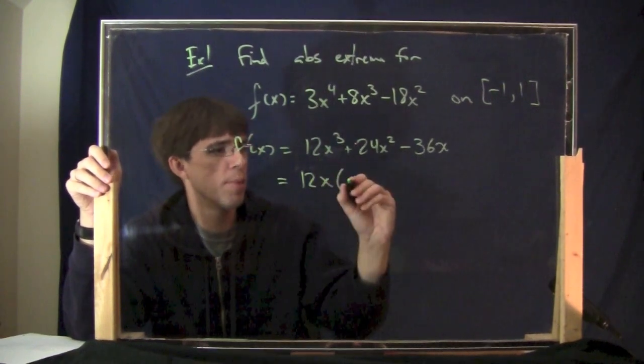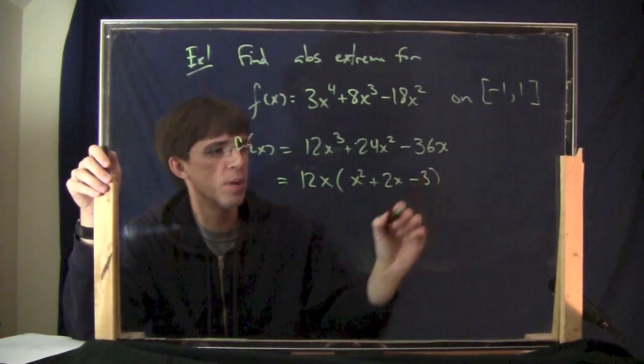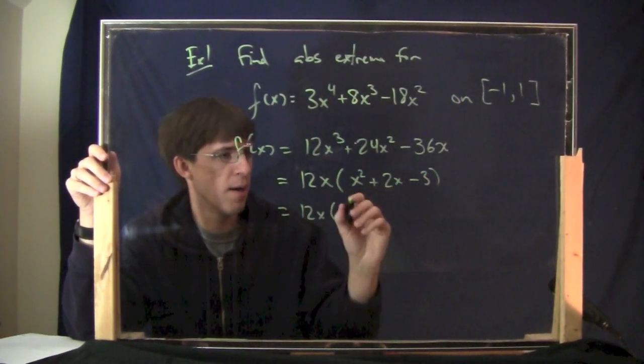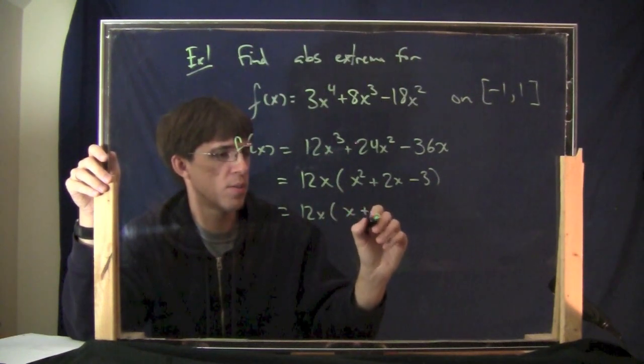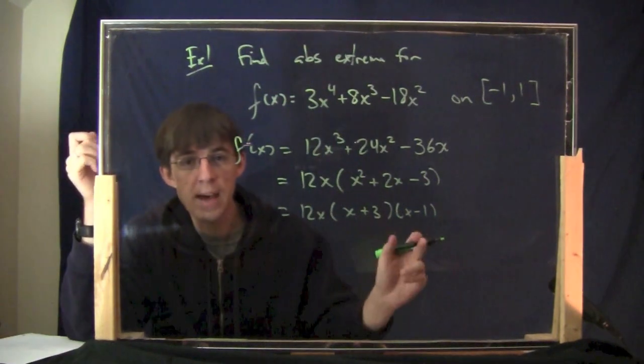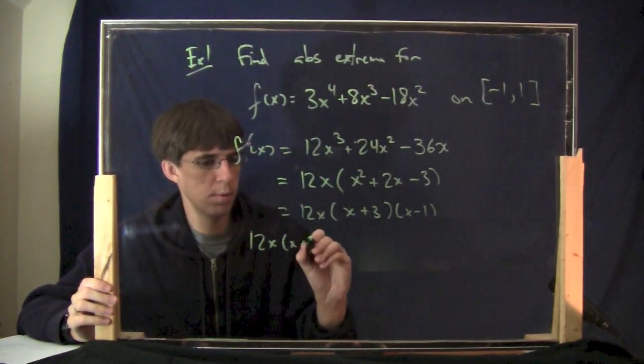So 12x, what remains will be x squared plus 2x minus 3, right? And now this can factor, so 12x, and here we have x plus 3 and x minus 1. We're going to set that equal to 0 and solve for x.